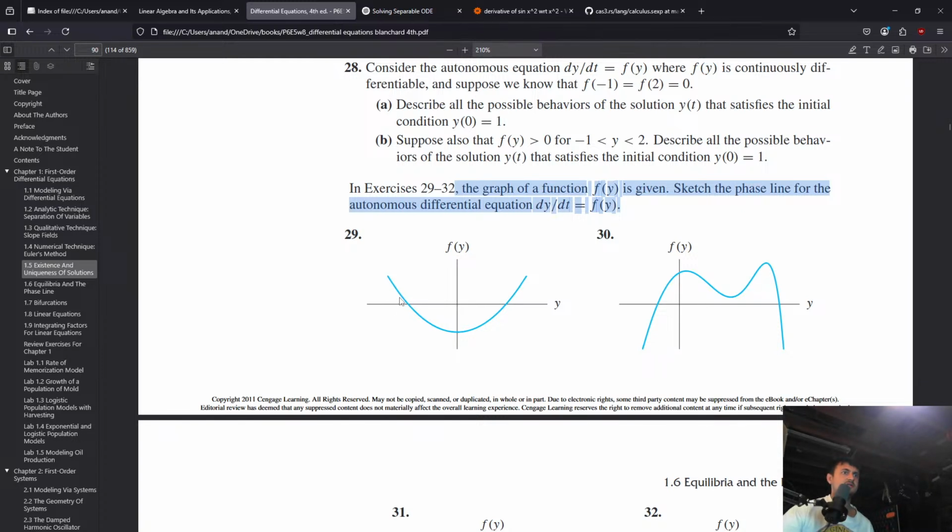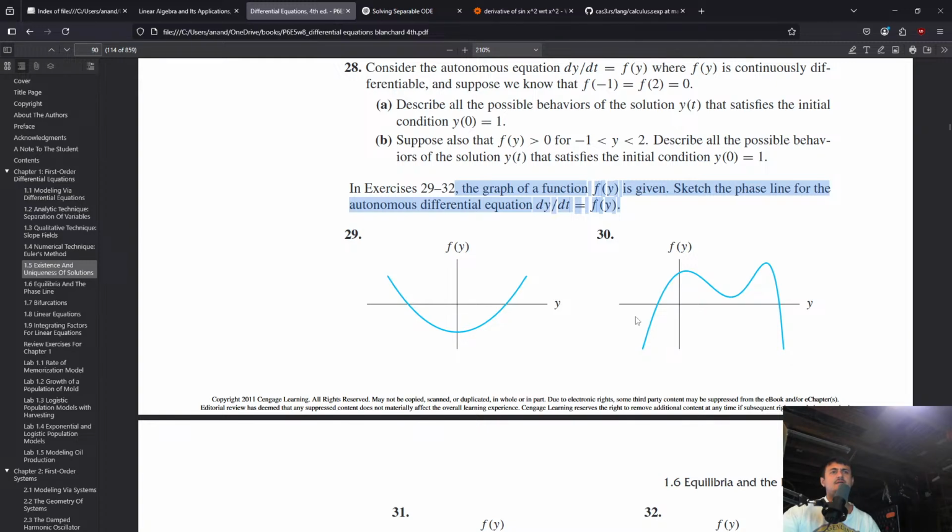Then this bottom dot is going to correspond to this root, and it's going to be a sink, because if y is greater than this y0, this root, then the derivative is negative and it's going to flow back to it. And this one is going to be a source.